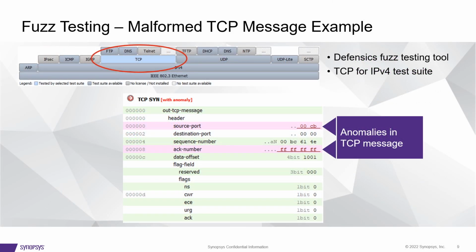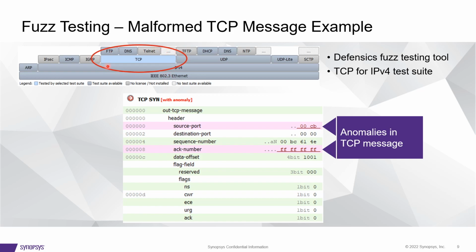So let's take a practical look at a fuzzed message. Here we use the Defensics fuzz testing tool and the TCP for IP4 test suite. As you can see in the top portion of the slide, we have a set of different test suites. Right now we're looking at the TCP test suite.